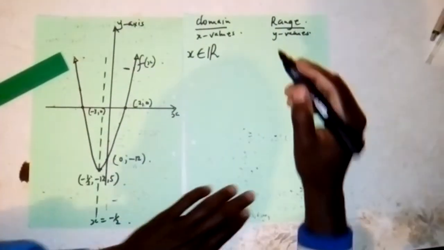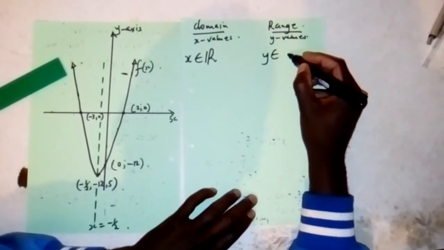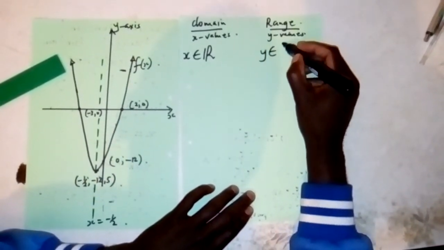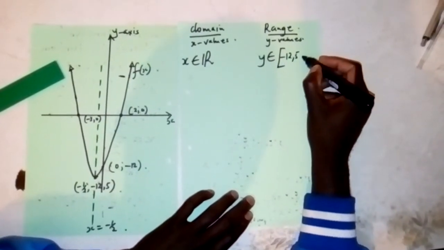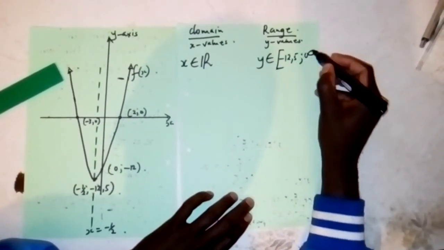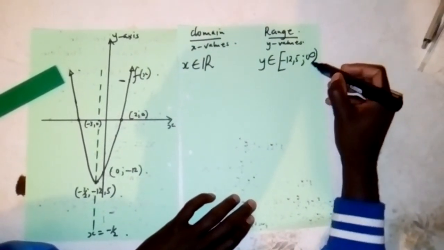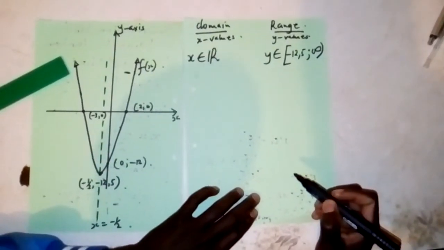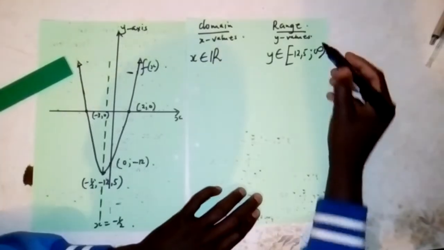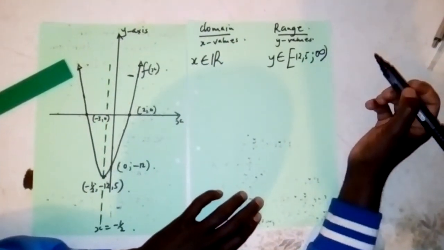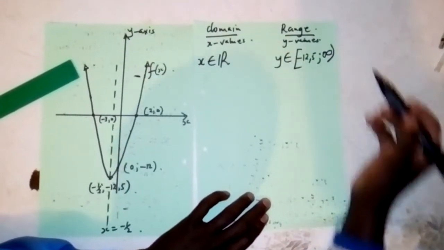So I can say the range, y is an element of, I'm starting in this case from negative 12,5 up to positive infinity. But positive infinity is not a number that I can write down, so I leave the bracket open. Closed bracket here because negative 12,5 is part of the values, but infinity is not a number that we can write down, so I leave the bracket open. So here it's an open bracket, but this side is a closed bracket.